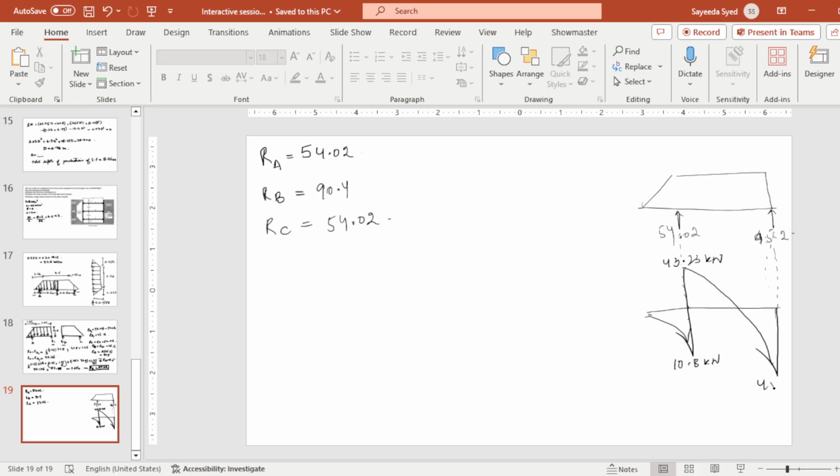This is again the same for C, and for our PB it is 90.4 into 3, which is 271.2 kilonewton. So these are our strut loads that have been asked in the first part.